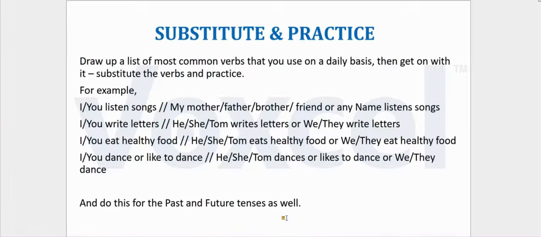You can say they, you can say people, children, whatever you want to practice: listen songs. Then you can substitute it with a singular subject, like my mother, my father, my brother, my friend, or any other name. Then you will use s with it: listens songs. So you can say I listen songs, my brother listens songs.